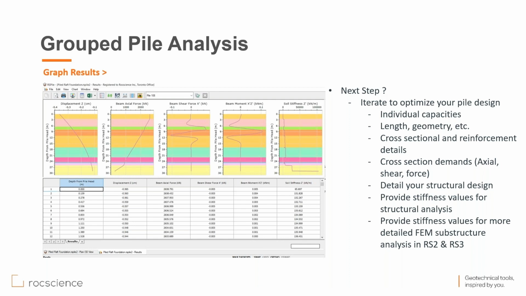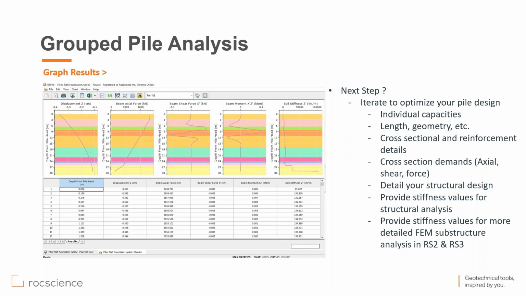So to take a step further, you may stay within RSPile to iterate and optimize your pile design, determine the individual capacities, modify the length, geometry, cross-sectional and reinforcement details, check cross-sectional demands, and finally come up with something valuable.